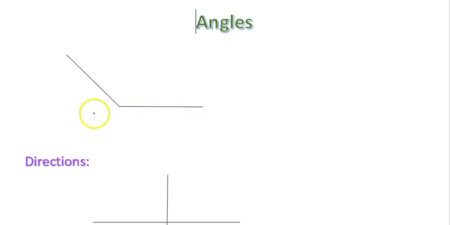So we need a standard position to be in, and imagine that this is 0, 0, this is your origin. This side is going to be called the initial side, and that is always going to be on the positive x-axis.